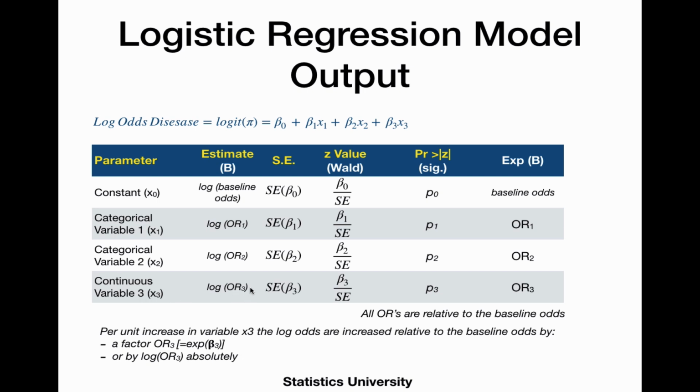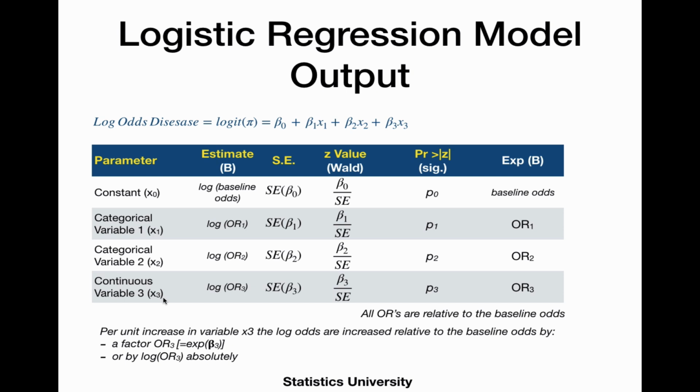Variable 3 gives us the log odds ratio 3 as its estimate of the regression coefficient beta 3. And if we take the exponent of that, we get the odds ratio 3. And if we want to calculate the odds of the disease for an individual with a known value of continuous variable 3, x3, we have to multiply the baseline odds with at least the product of the odds ratio times the value of x3.